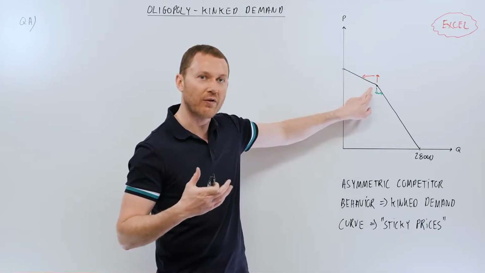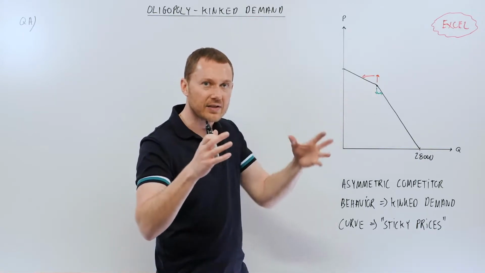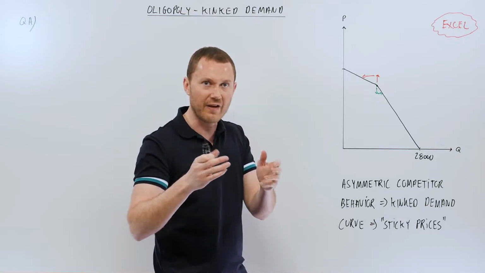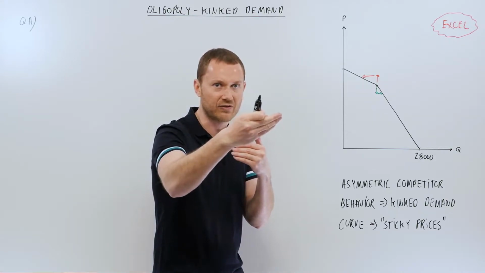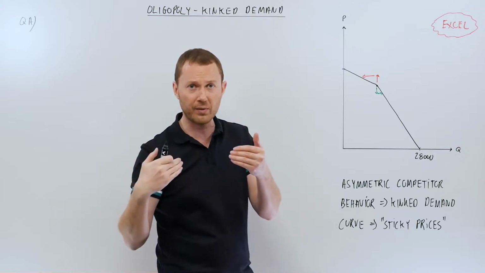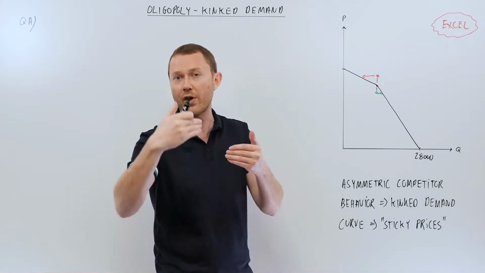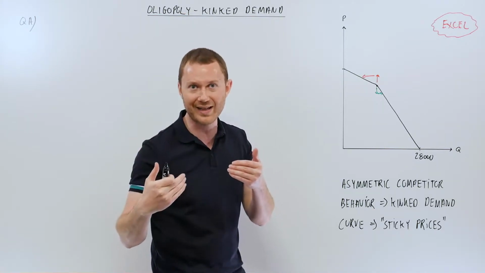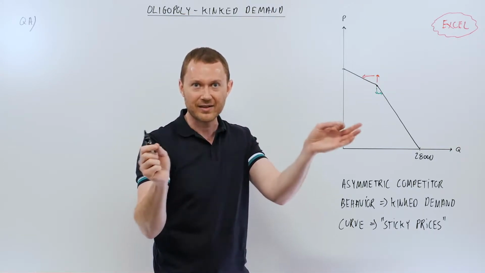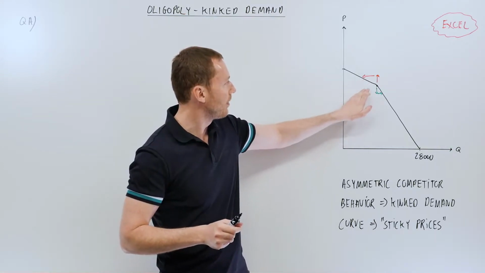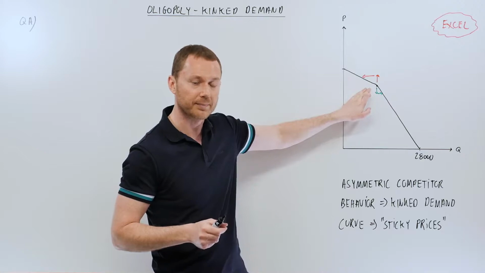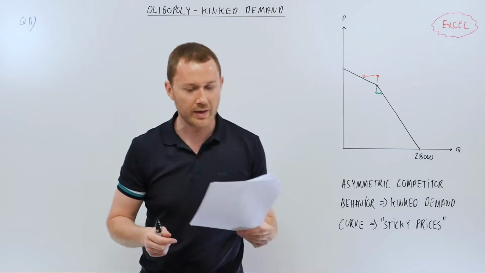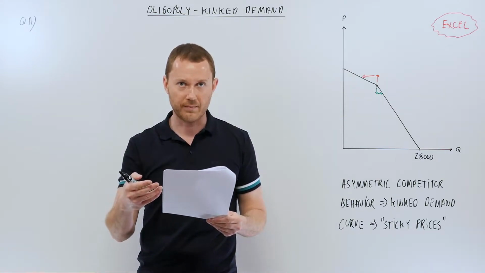What you want to look out for is a sentence that says that if I raise the price, I get one reaction or one slope, and if I lower the price, I get another reaction, another slope or another elasticity, thus differences. That is what the kink is all about. This is where I identify the model.